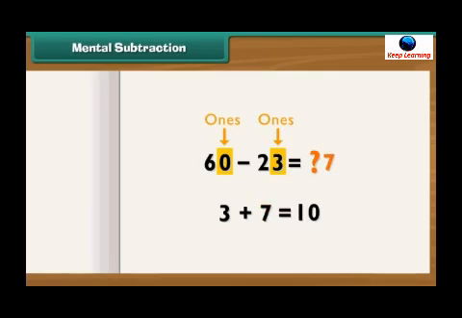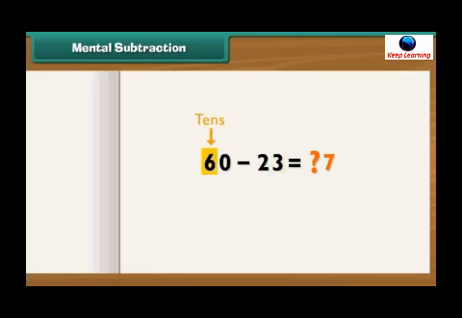Thus, the ones place of the second number is 7. The tens place of the sum is 6. We already have 2 as the tens place of one of the numbers. 1 is to be added as carryover. What should be added to 3 to get the sum 6? The answer is 3. The tens place of the number is 3. The subtraction 60 minus 23 has the answer 37.